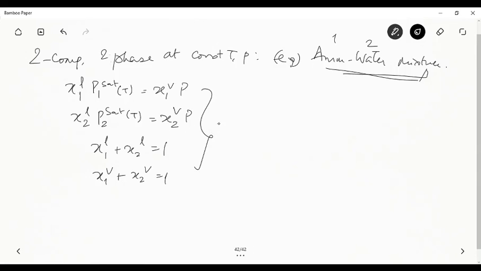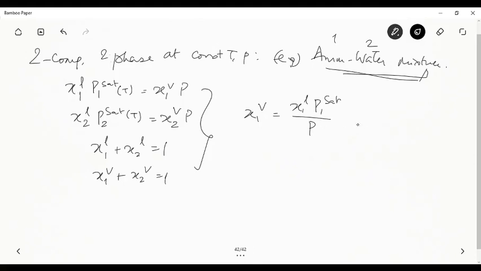Then basically I'll get X1V is equal to X1L into P1 sat divided by P. Okay.